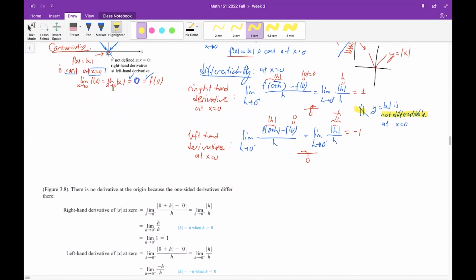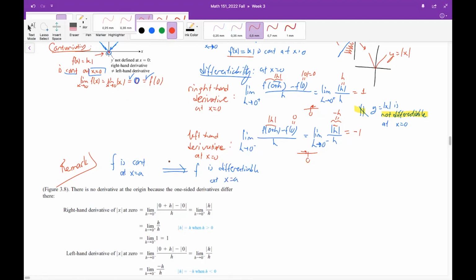So here we can put a remark. If a function is continuous at a point, then this doesn't mean that it has to be differentiable there, differentiable at x equals a.